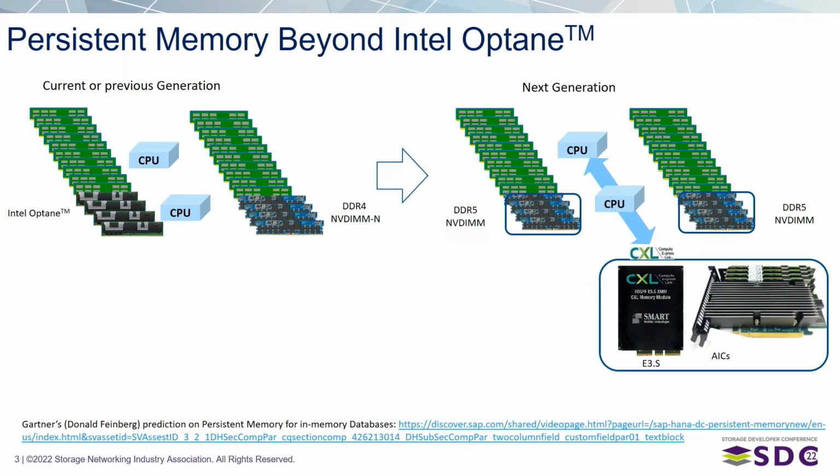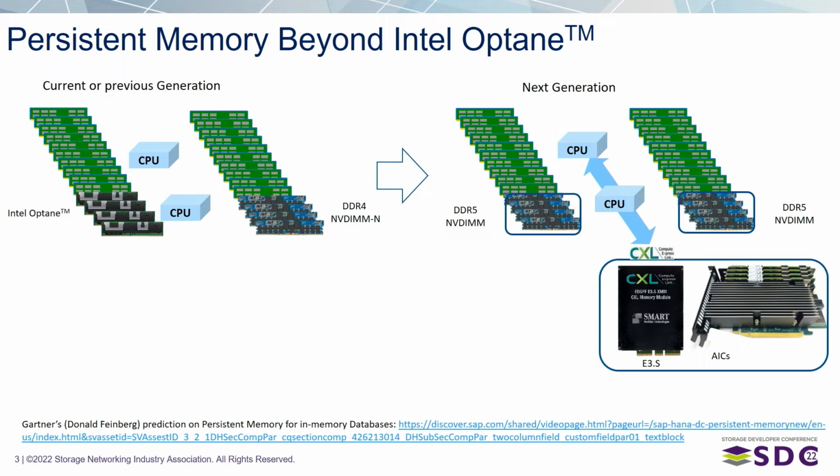Now, both these technologies are directly connected to the CPU, which means they are sitting on a parallel bus. And one of the major disadvantages of having anything connected to a parallel bus or a directly attached CPU is you waste a CPU channel or a memory channel. So if this DIMM is running slower than the rest of the DIMMs on a channel, it will slow down your processor bus and affect your performance.